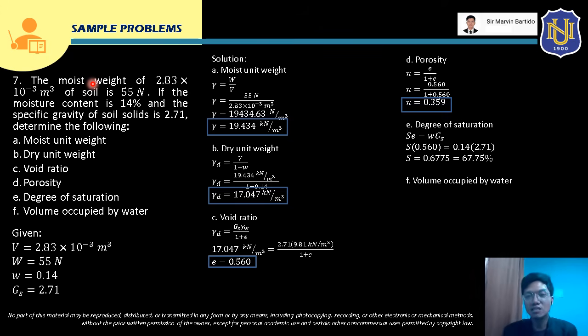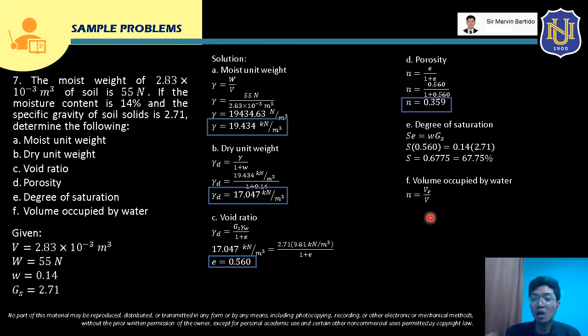Sa degree of saturation, di ba, volume of water yun over volume ng void.